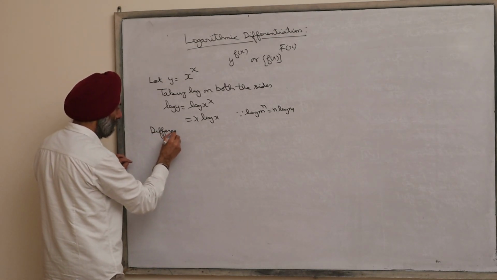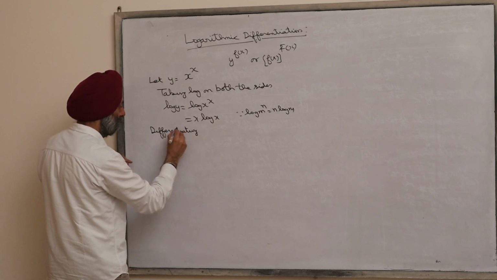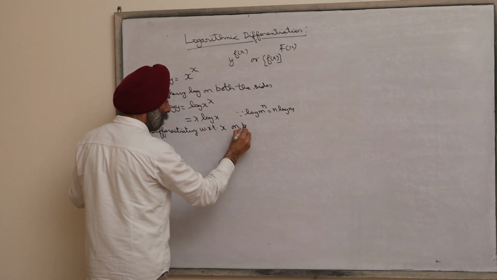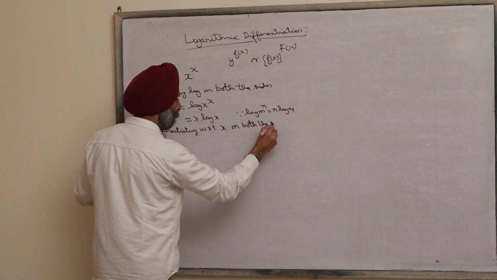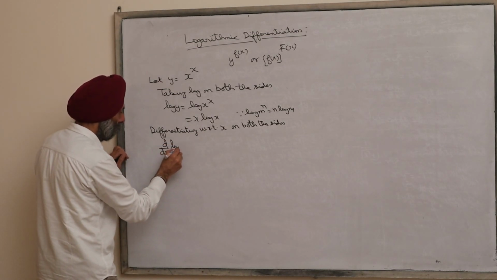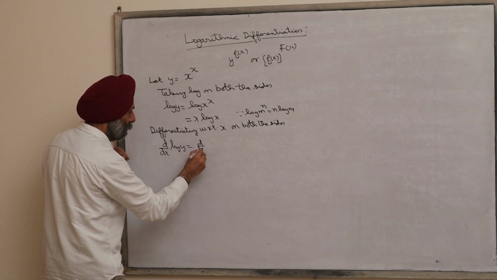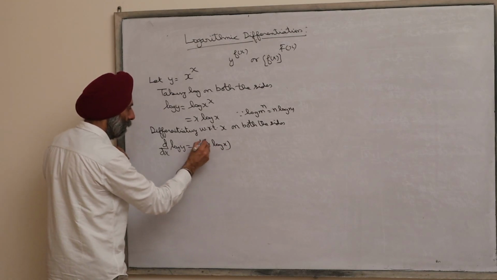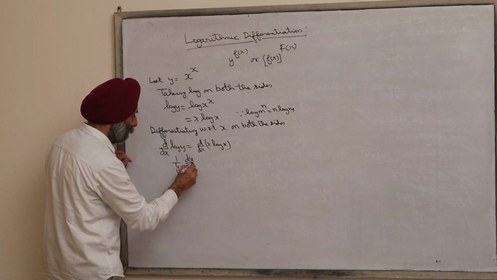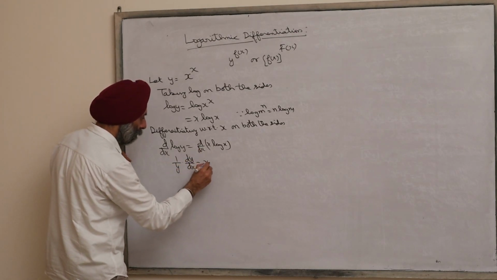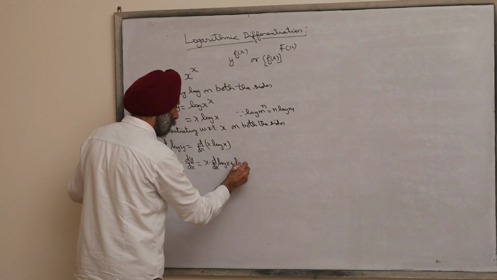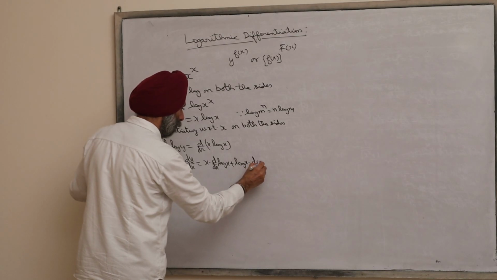Differentiating with respect to x on both the sides, what do we have? It is d over dx of log y is equal to d over dx of x log x. The derivative of log y is 1 over y into dy over dx, which equals first function into the derivative of second function plus second function into the derivative of first.